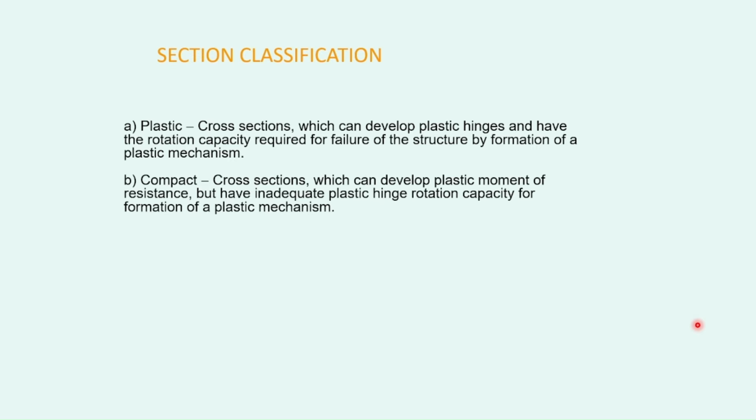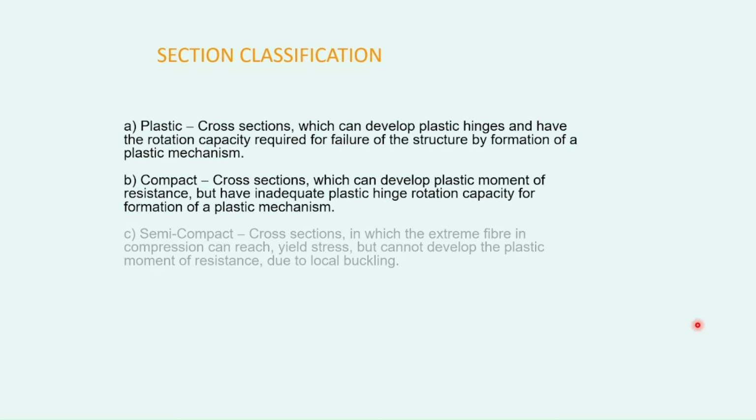The next section is a compact section. This section can develop plastic moment resistance, but it will be unable to develop the plastic hinge that is required for the formation of a plastic mechanism. The third one is the semi-compact section. Here this section will not even reach the plastic capacity.